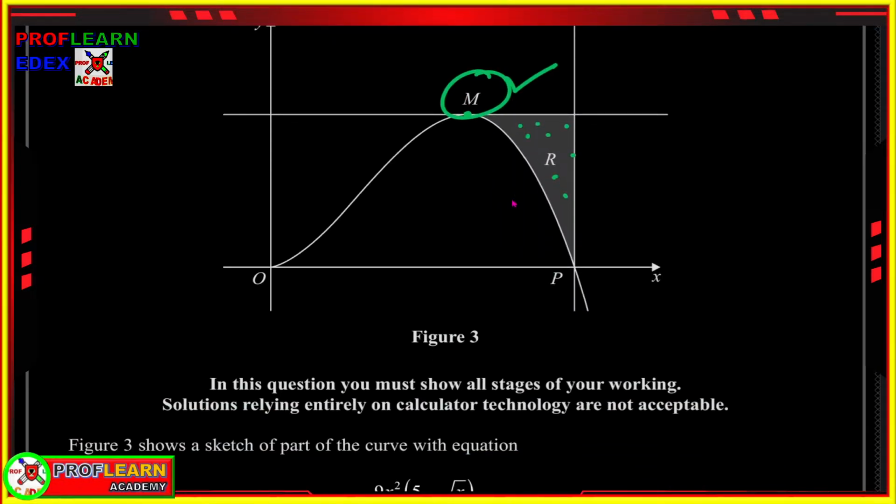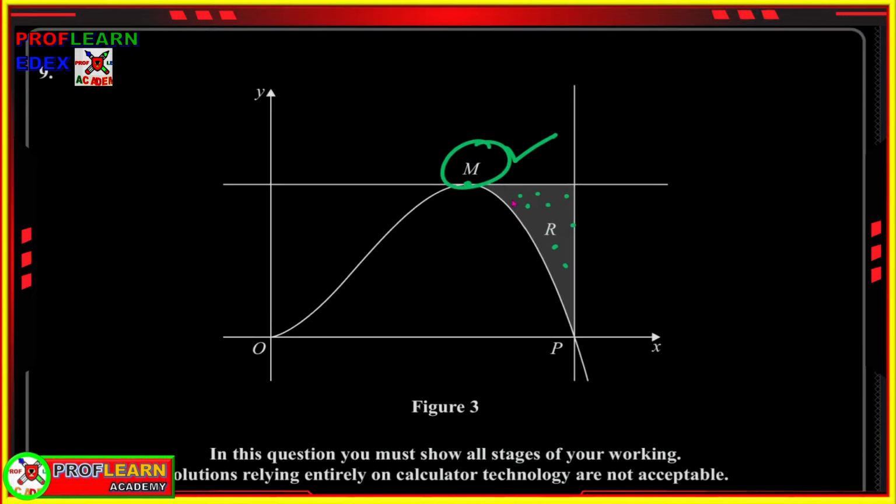The next part, which means now if we have this coordinate as 16, 460.8, it means this line here is the line y is equal to 460.8.